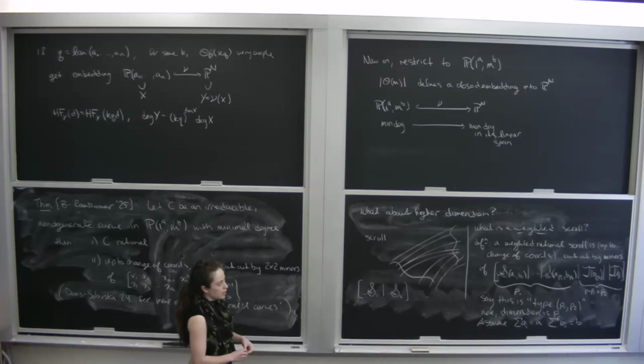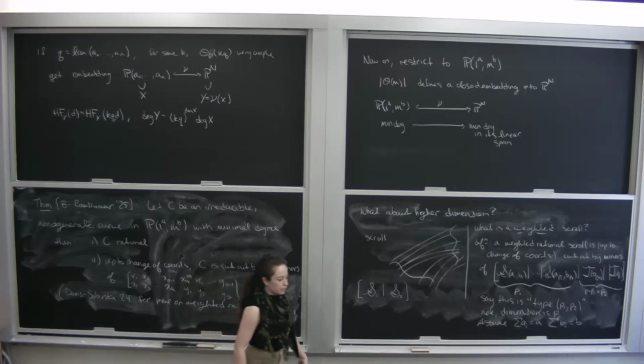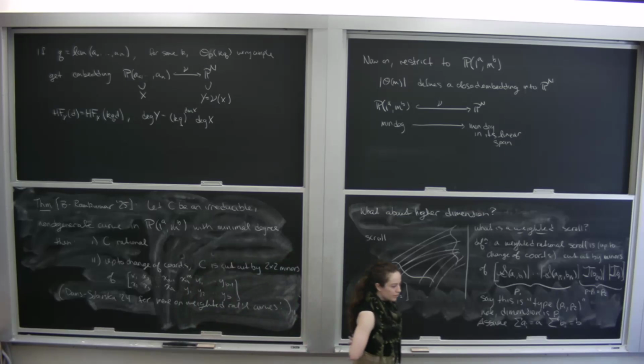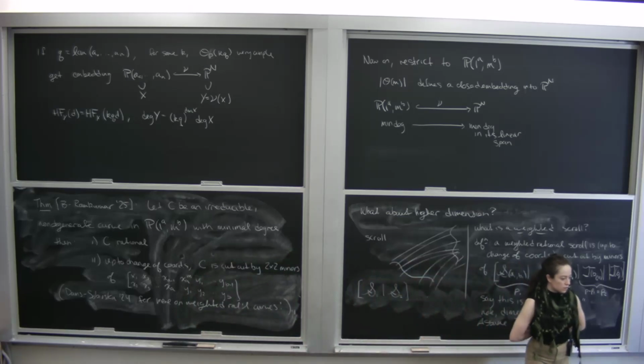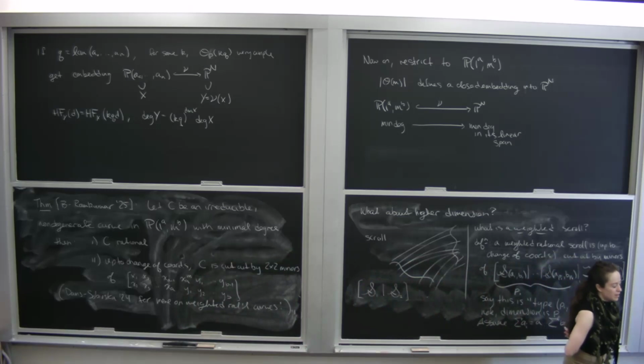Yeah. Okay. I think my question is related to that. In regular projective space, for example, the Veronese is stable under the action of the general linear group.